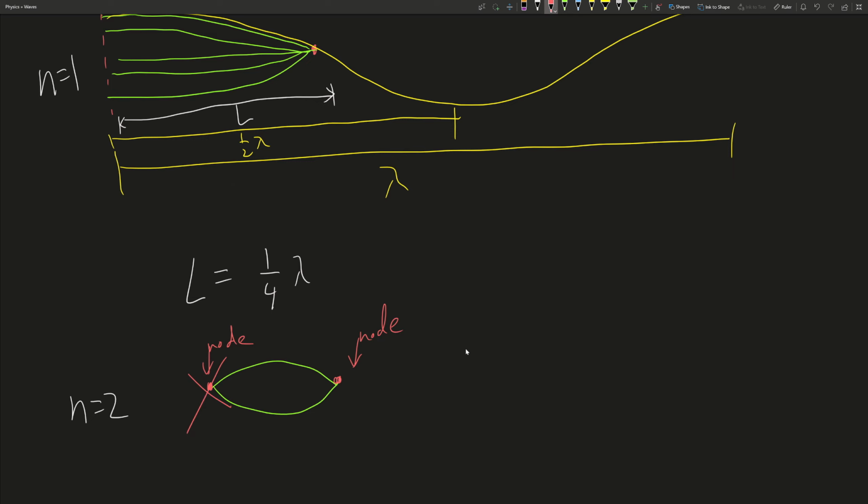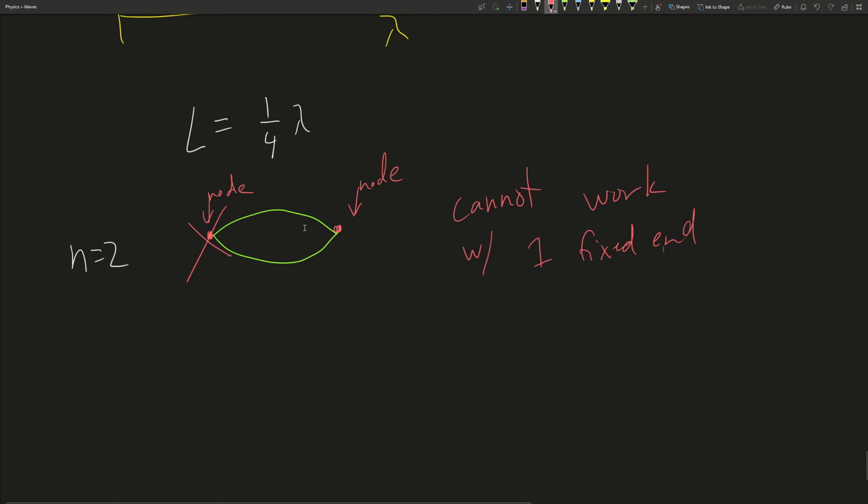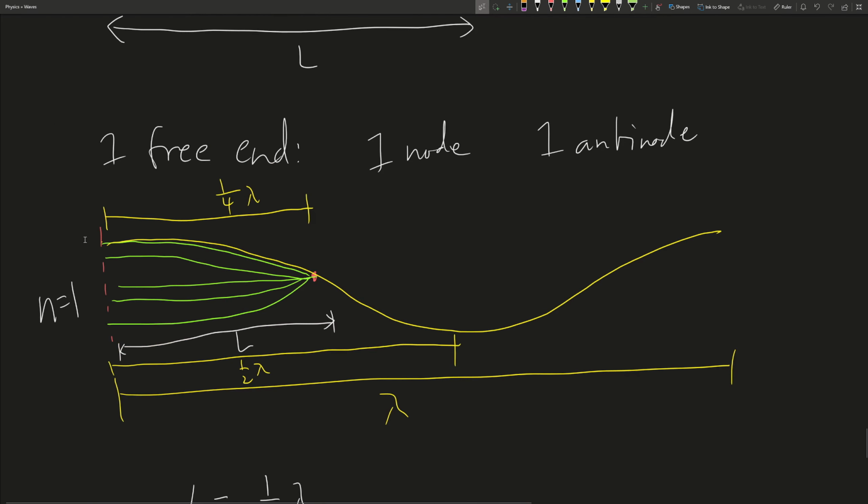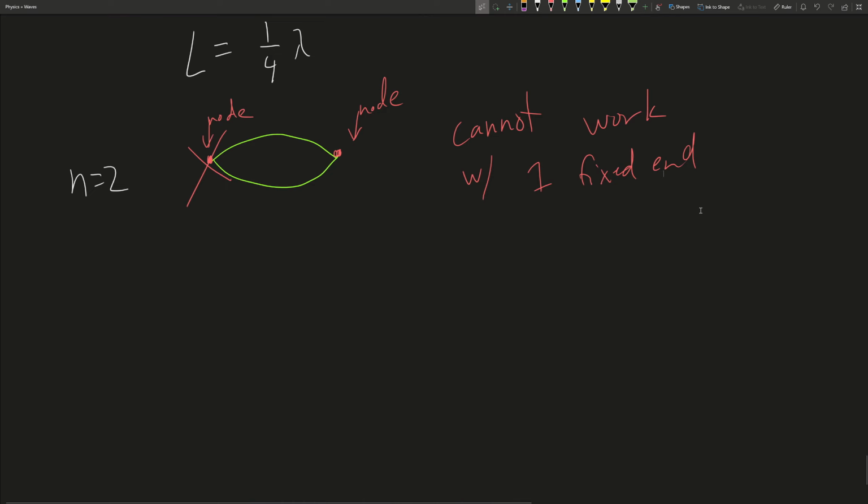So this cannot work with one end free and one fixed end. You can't have an n equals 2 harmonic with one fixed end, because that would mean that there's two nodes, but you need one side to be an antinode.